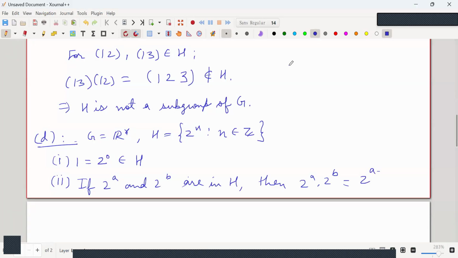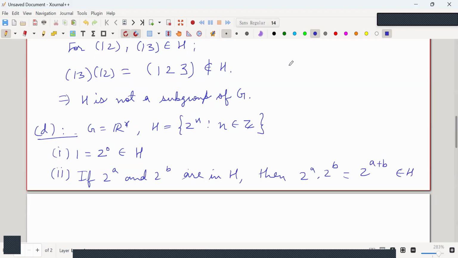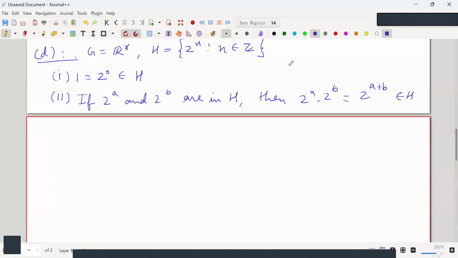So 2 to the A plus B is inside H. So it is closed. Right? Now what about the inverse? Of course, we must also write that since A and B are inside Z, A plus B is also inside Z, so this element is inside H. That part I'm not writing here, that is trivial.